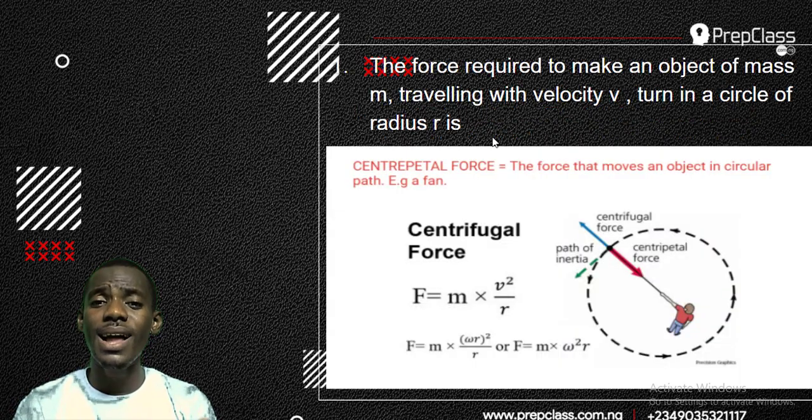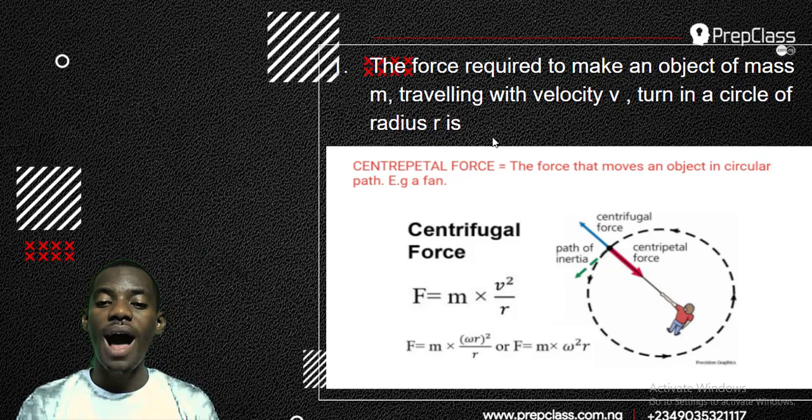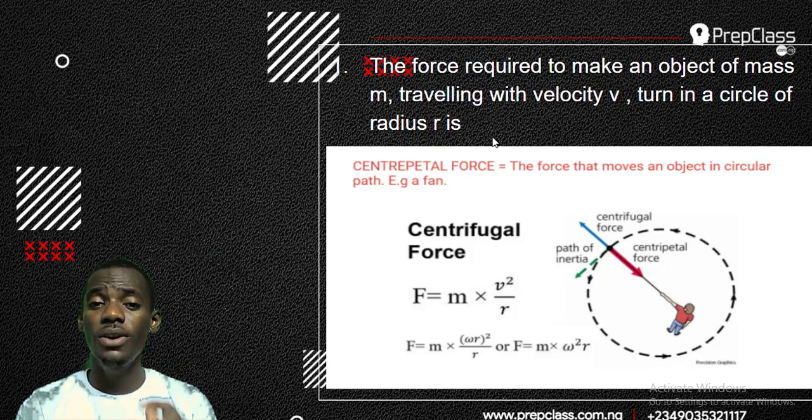But the formula can also be modified. You must know that in circular motion, where m is my mass, v is my velocity, and r is my radius, v is also given as wr, where w is the angular velocity. If you solve that further, w squared r squared, cancelling through the r, you get m times w squared r.